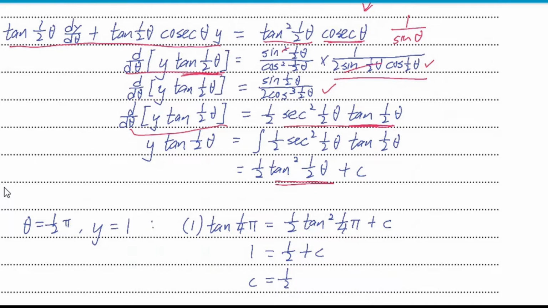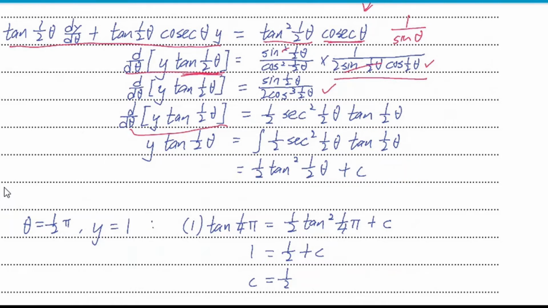Then we will get a tangent with a power 1, and an extra secant square term, because differentiating tangent gives us a secant square. So how do we differentiate this? We bring down the 2, and then differentiate the tangent half theta itself. So we have secant square half theta, multiplied by another half because of the half theta there. This gives us this whole thing straight away. So this is my way of doing that.